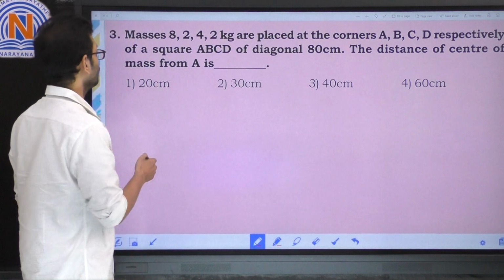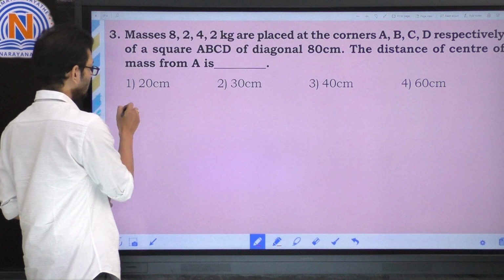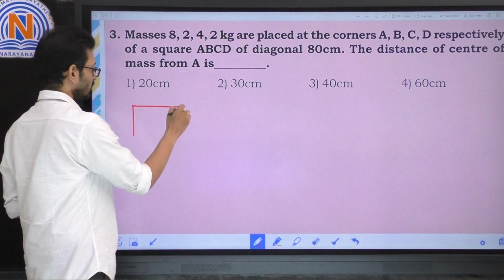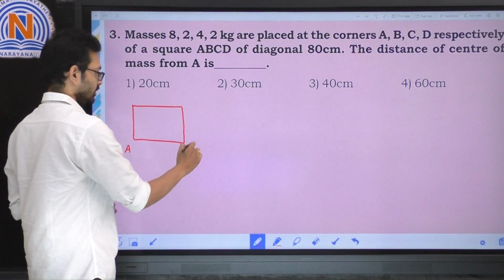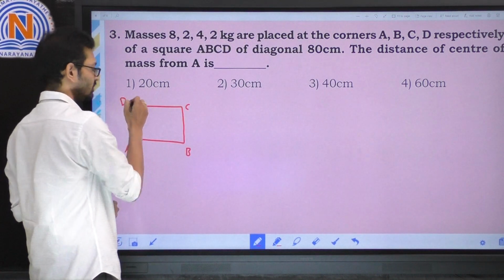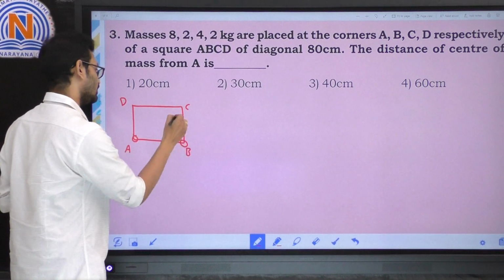Now when they give you this kind of question, what you will be doing is, you consider a small square which has A, B, C, D as its vertices, and the masses of these objects placed over here.